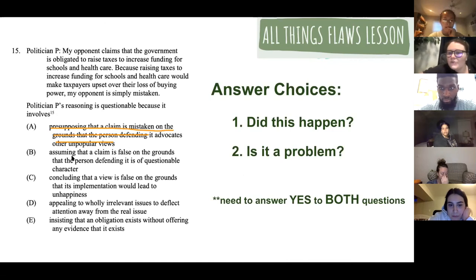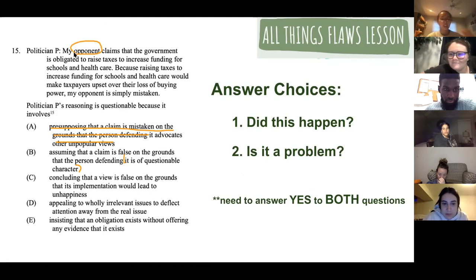B, do we assume that a claim is false on the grounds that the person defending it is of questionable character? No. Do I say that my opponent has questionable character? Nope. C says concluding that a view is false on the grounds that its implementation would lead to just unhappiness. Yeah, that's it. This is almost too easy of an answer.